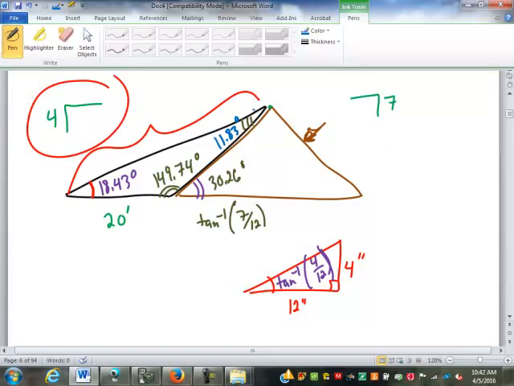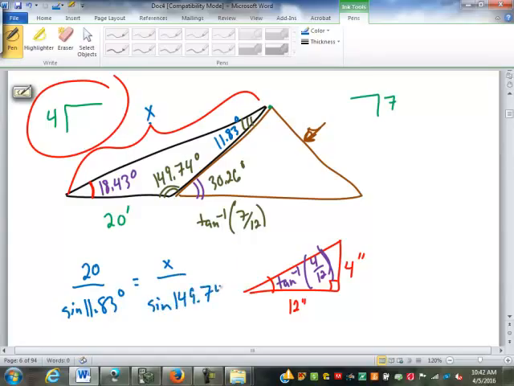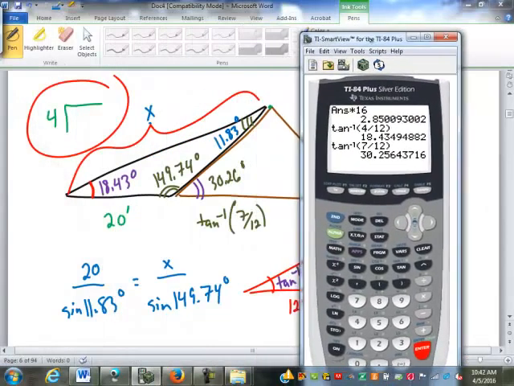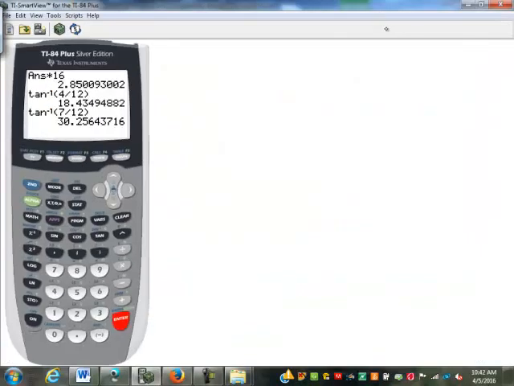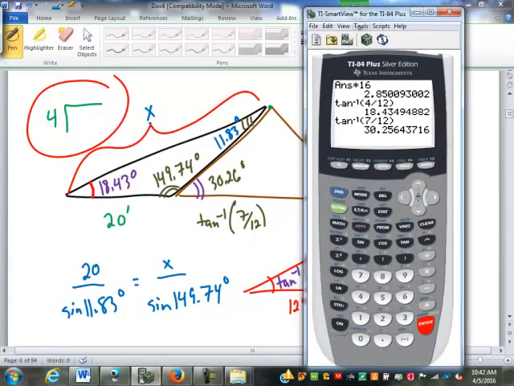So now to find this side here, which was our x, it's going to be 20 over the sine of 11.83 degrees equals x over the sine of 149.74. So this would be 20 times sine 149.74 divided by sine 11.83. 49.16.